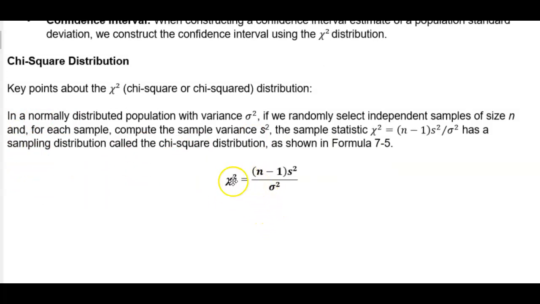So here's the formula for the sample statistic.